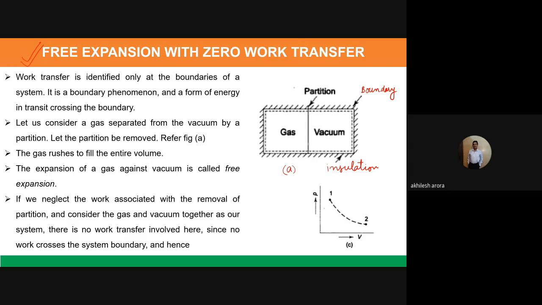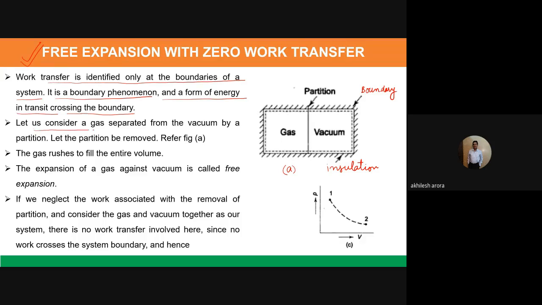Now let us see what a free expansion is. Work transfer is identified only at the boundaries of a system. It is a boundary phenomenon and a form of energy in transit crossing the boundary. So that means work will be observed only when it crosses the system boundary. Okay.